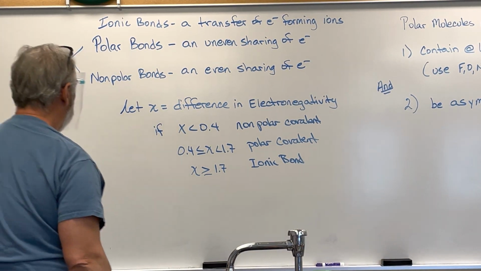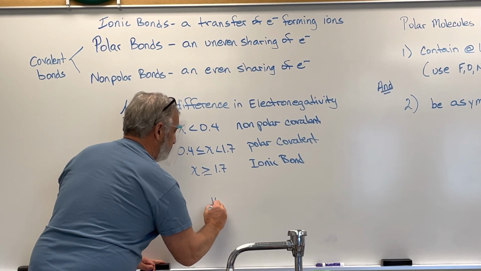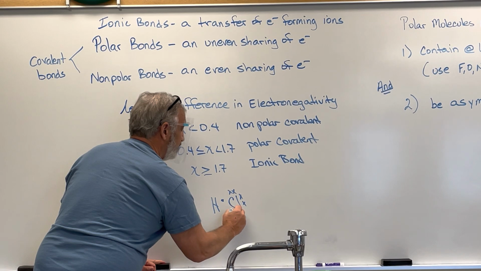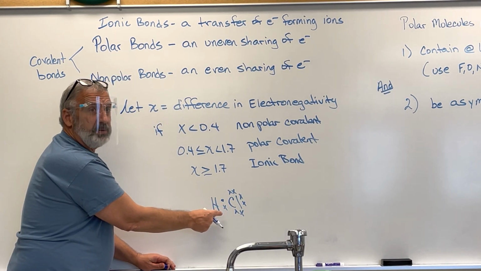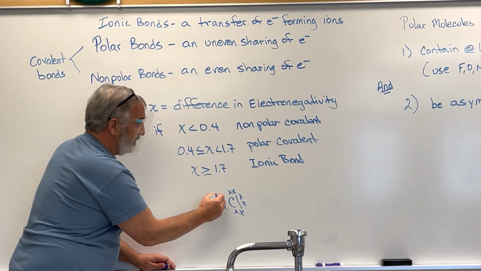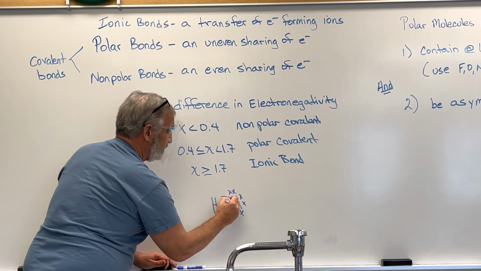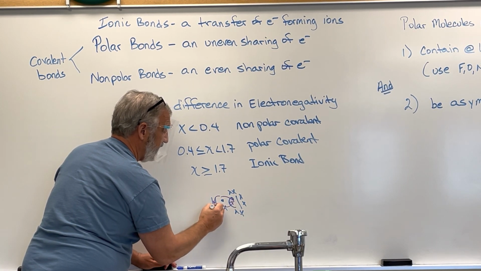Now, it's real important that you understand that when I'm looking at HCl, chlorine, I'm going to use X's just to show chlorine's electrons. The covalent bond is the sharing of this pair of electrons. Hydrogen's electron is being drawn to the chlorine as well as to the hydrogen. This one's being drawn here and here.